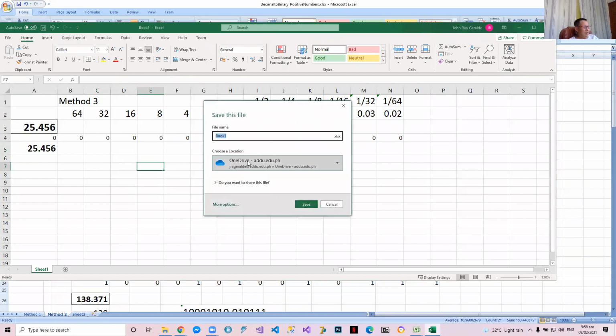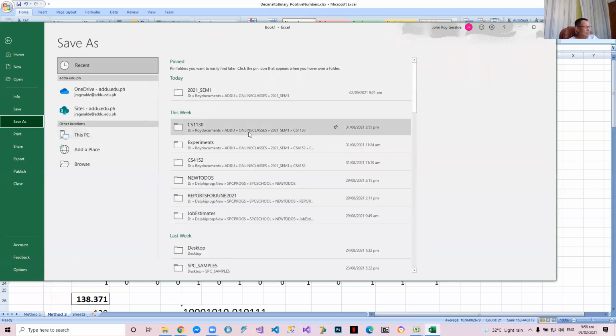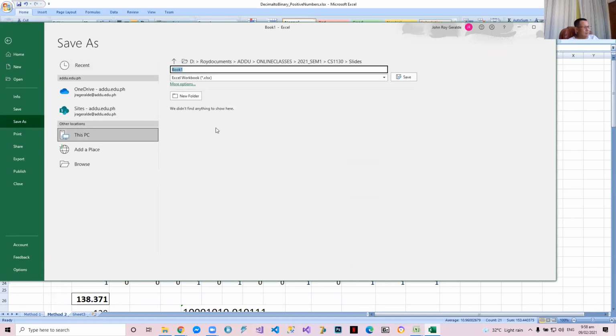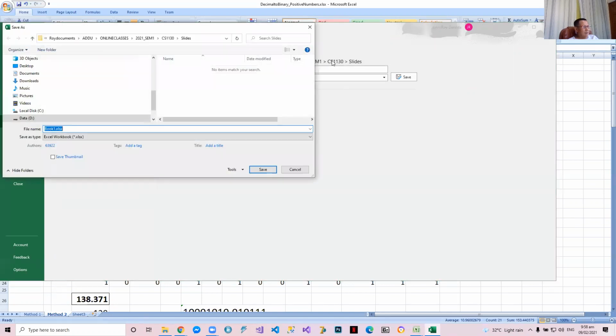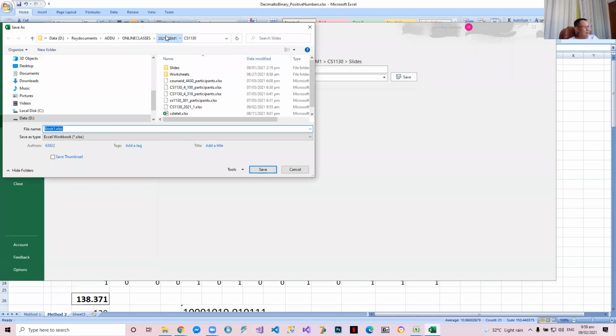Okay. Method 3. Where did that go? Ito tayo sa 113016.